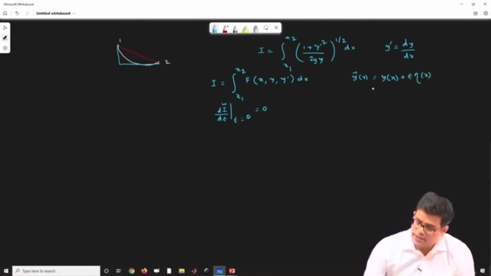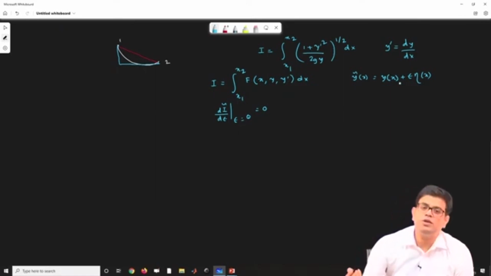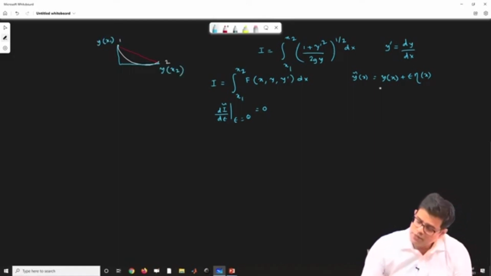Now, eta x has to be an admissible function, or in other words, y tilde x has to be an admissible function. So, what do we mean by admissibility? For this problem, we know y at x1, that is y1, and y at x2 is y2. So, the admissibility condition for this approximation has to be that eta of x1 and eta of x2 have to be 0.